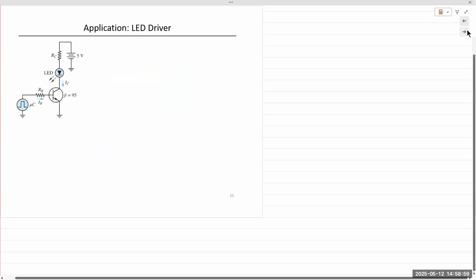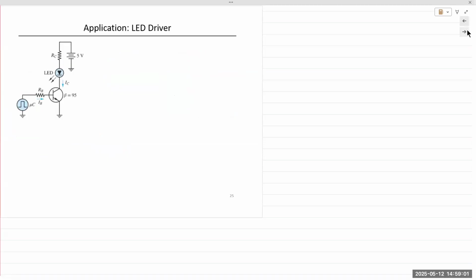Okay, LED driver. Oftentimes, we have systems where we use single or multiple LEDs as visual indicators of some function in a system. Most of the time, let's say these are sensor outputs. The sensor outputs are small in voltage and weak in current, so they are not sufficient to turn on an LED.